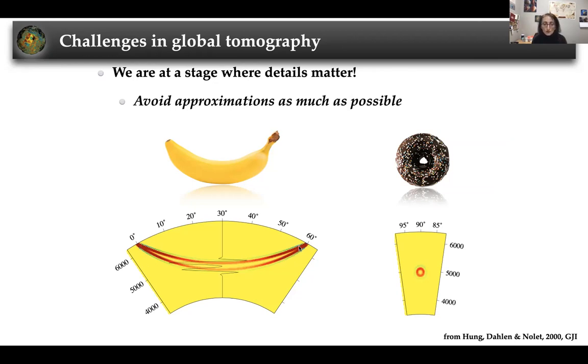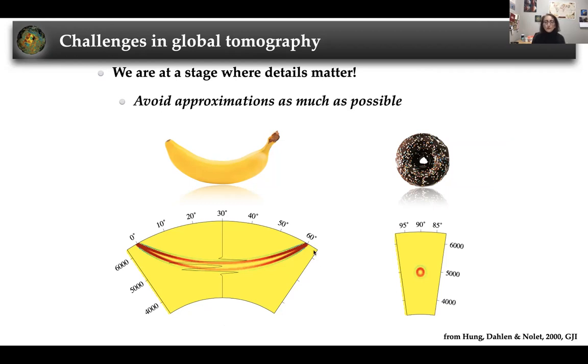However, finite frequency theory tells us that since we are working with band-limited data, paradoxically, our seismic waves are not sensitive to the structure along the ray path, but the structure around it, around the Fresnel zone. And if you take a cross-section orthogonal to this, you see such a hole-shaped structure where the center has zero sensitivity.